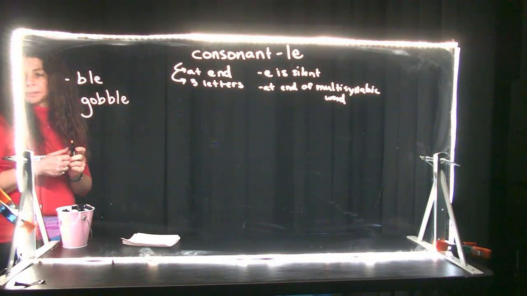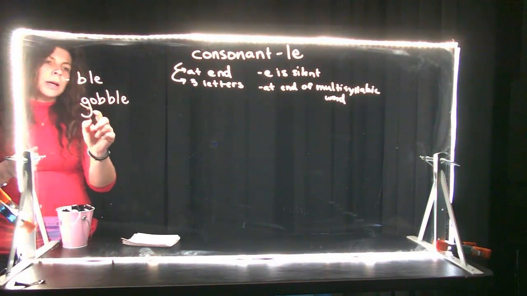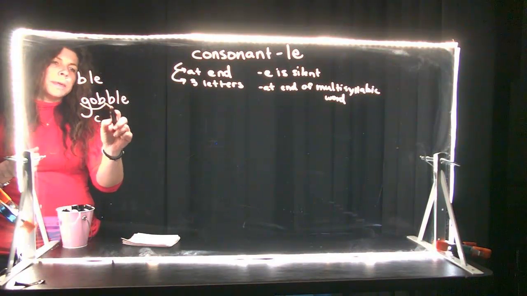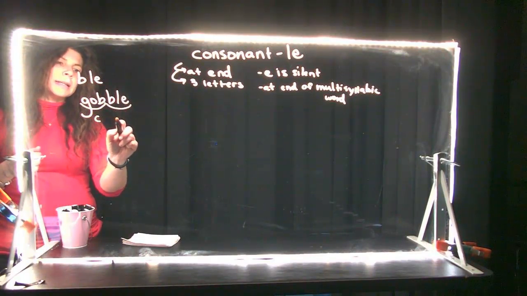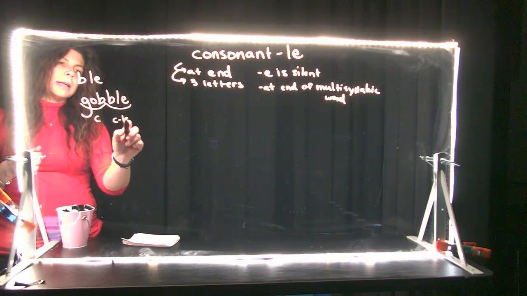How about that one? Gobble. Gob is a closed syllable. This is a consonant LE.